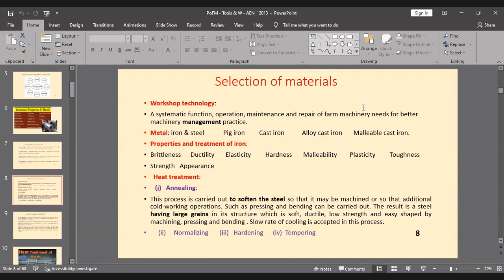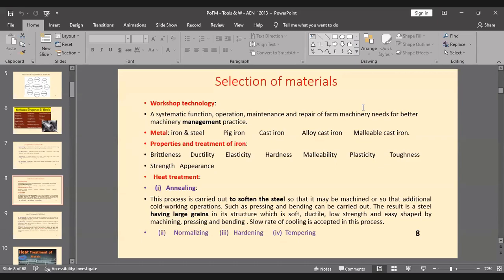So this is the process of making steel. Steel means iron plus carbon in different percentages. For example, cast iron may have 3 to 4% carbon. Then steel may have around 1% carbon.